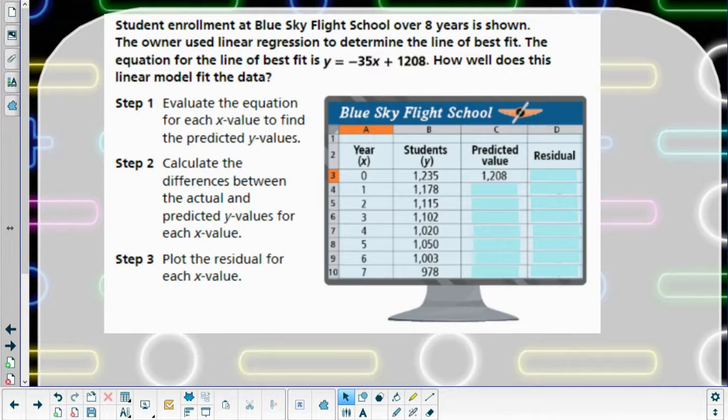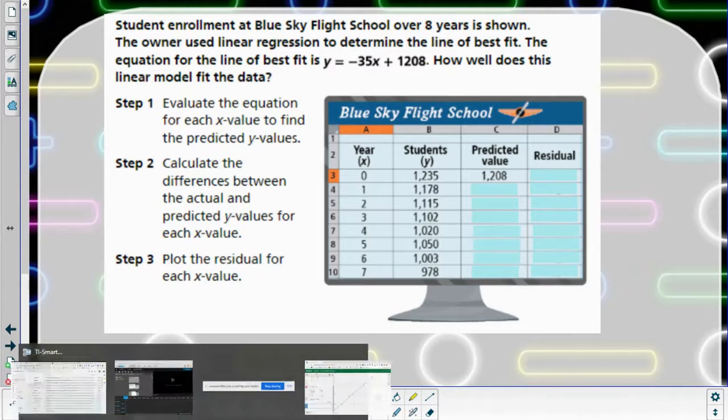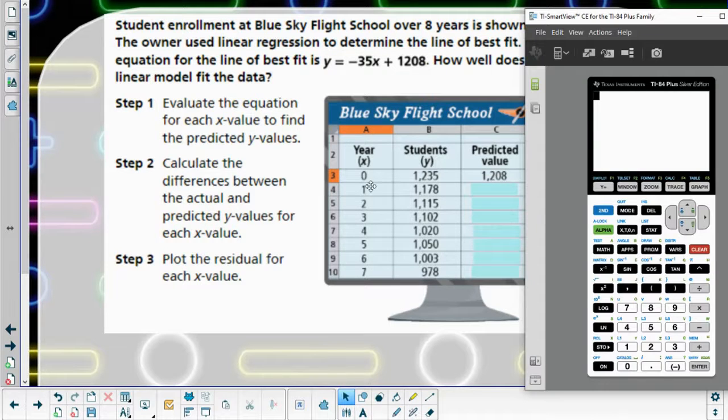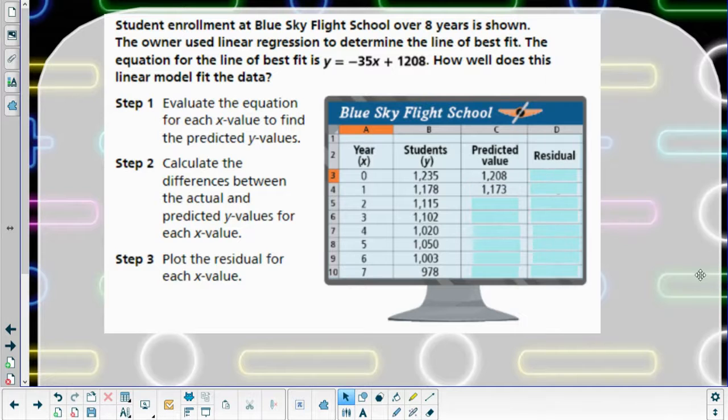Yep, I do. All right. Now I'm going to take my next one, which is 1. Negative 35 times 1 is negative 35. So what's negative 35 plus 1,208? I get 1,173. So 1,173.